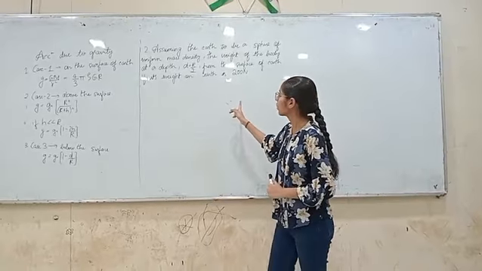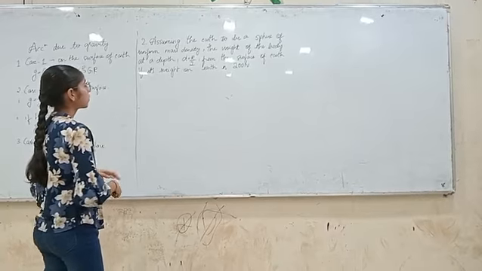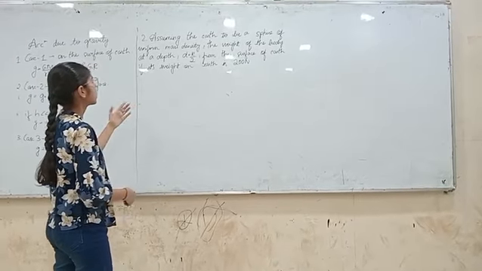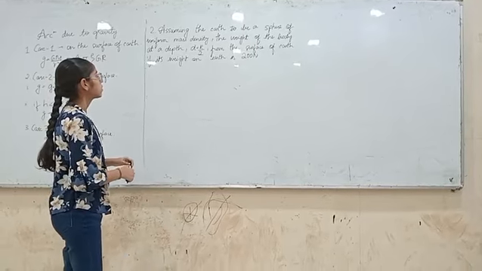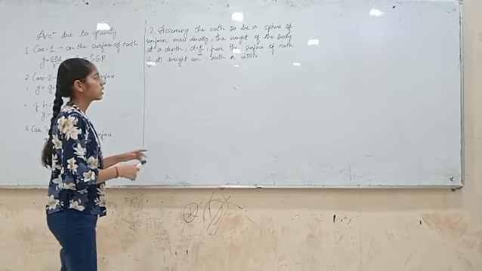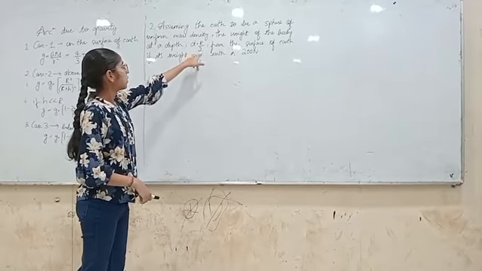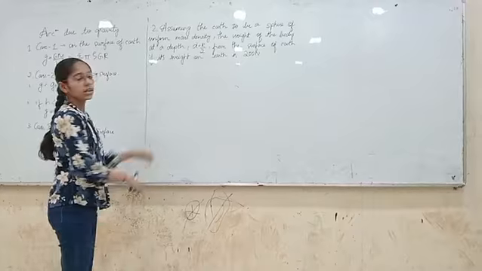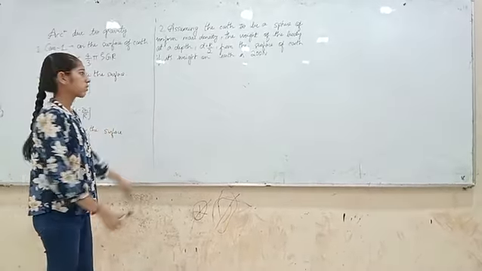So this is our second question. Assuming the Earth to be a sphere of uniform mass density, the weight of a body at a depth d equal to R by 2 from the surface of Earth. If its weight on the Earth is 200 Newton, we have to find its weight at depth d equal to R by 2. Here case 3 is applied because the object is below the surface of the Earth.